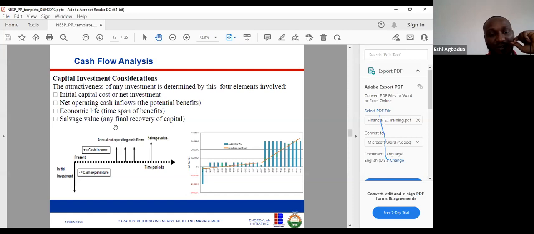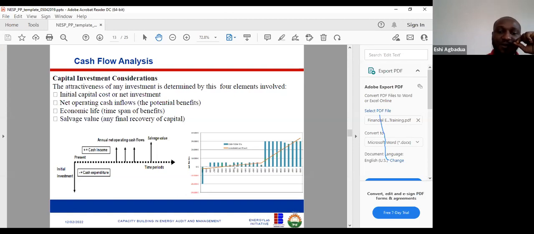So everything that is pointing upwards is an inflow, and then investments or, for example, maintenance are the things pointing downwards. There's a graph here, it's not so clear, showing a typical scenario, an example of cash flows. A typical one is like this, where, for example, you install a highly efficient energy motor.